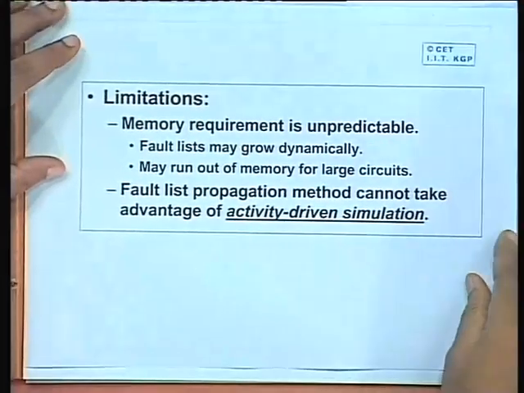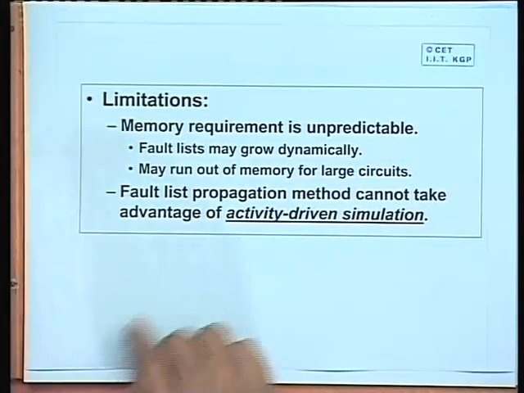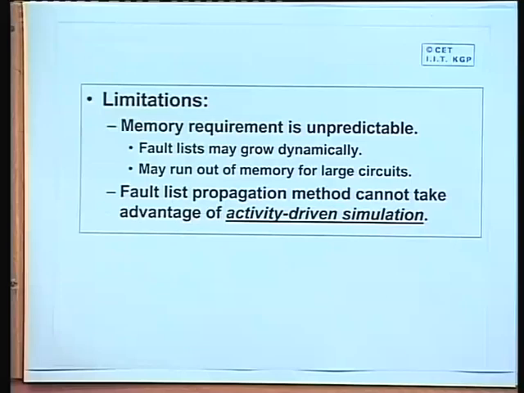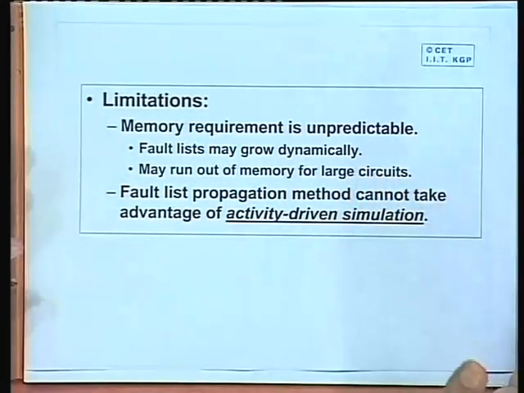Now, this method works faster than parallel fault simulation, but the problem is that the memory requirement is unpredictable. Because the fault list can grow dynamically, you cannot estimate the total memory size for very large circuits.